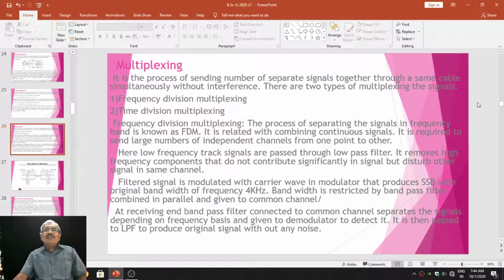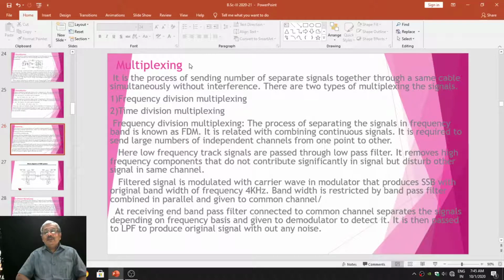Now we'll proceed to deal with the technique used in multiplexing. Friends, we are aware of the process of the multiplexer, which was studied in BS1 in digital electronics, where many signals are passed through the same channel by using different control signals.